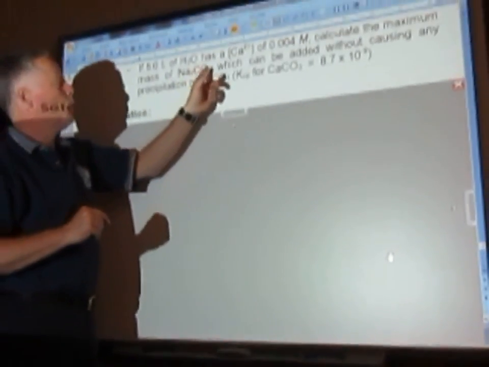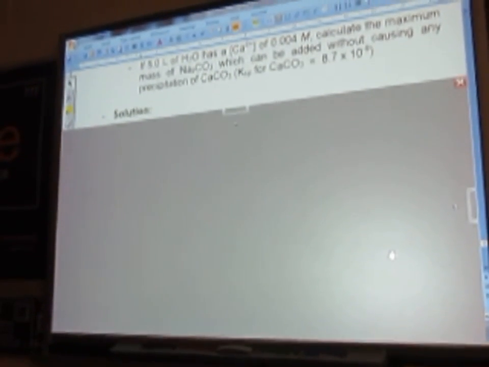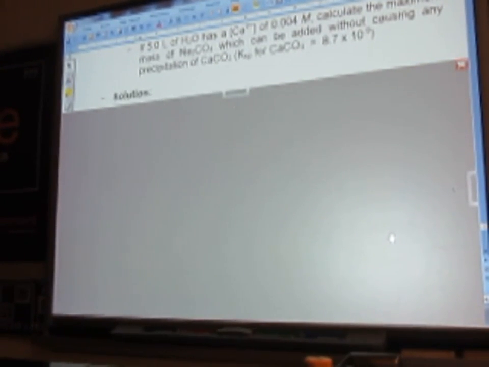The question's saying, calculate the maximum mass which can be added without causing any precipitation. So I want to find out how much I can add to a solution so it won't precipitate. The maximum I can add that won't allow a precipitate to occur. So what kind of solution is that? It's saturated.